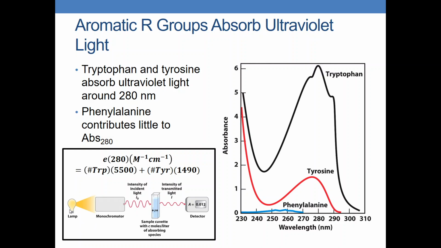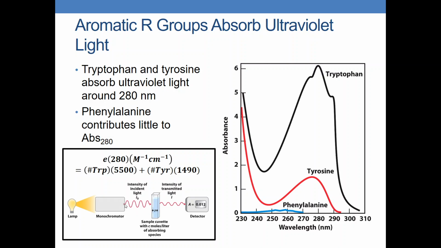This lamp emits polychromatic light, so this could be a candle, could be a light bulb, it doesn't really matter. In front of that, I have a monochromator that selects for a wavelength that I'm interested in. So if I want to see absorption at 280 nanometers, it's going to pick out 280 nanometers and only let that wavelength of light through.